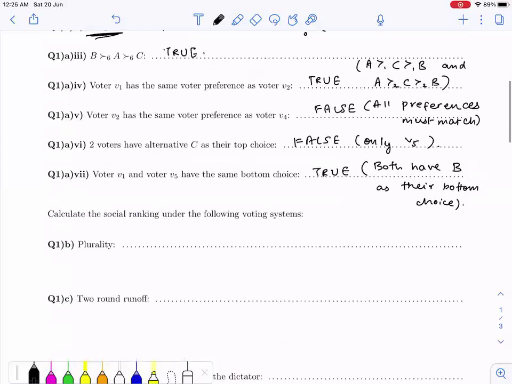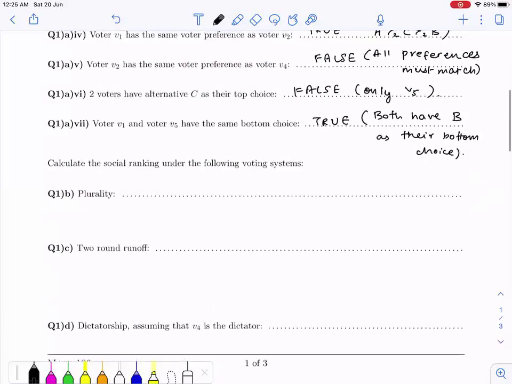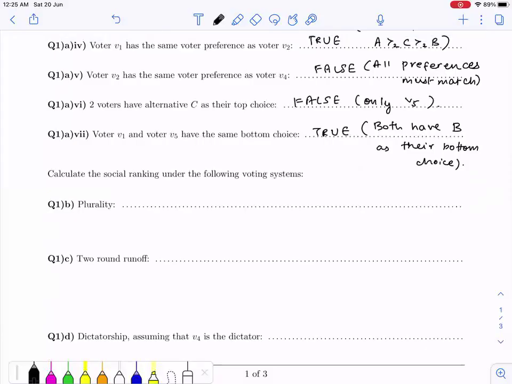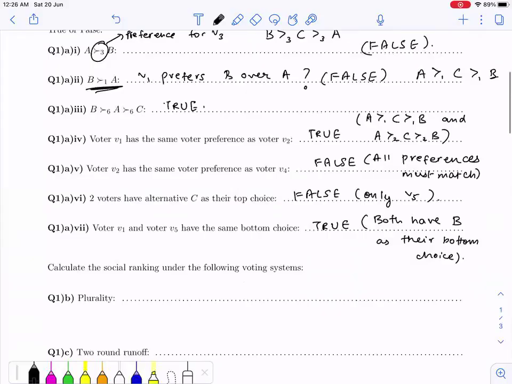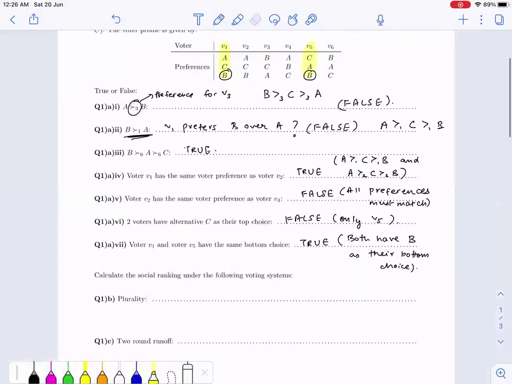Okay. Now we need to calculate the social ranking as per the following systems: plurality, two-round runoff, and dictatorship, assuming V4 is the dictator. So for plurality, you only look at the top preference row, only the first row. A is the top choice for voter 1, voter 2, voter 4.